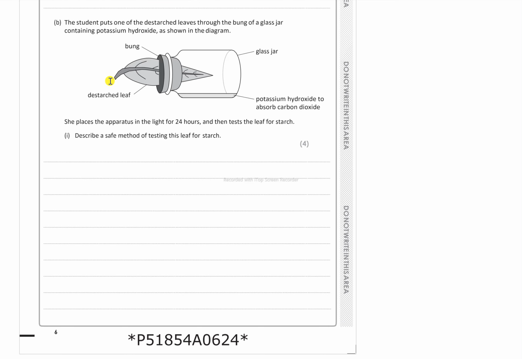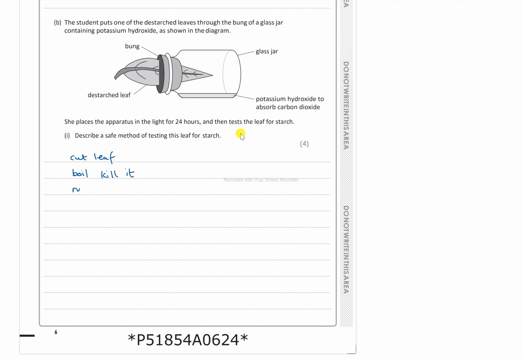Safe method to destarch leaf. We've done this. Testing, so we need to test. Cut leaf. I'm just going to go through this quickly because this is the standard thing. You boil it in water to kill it.